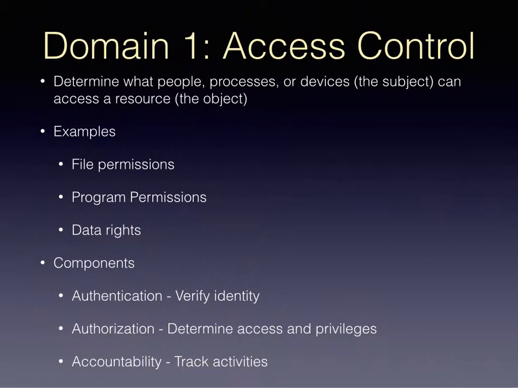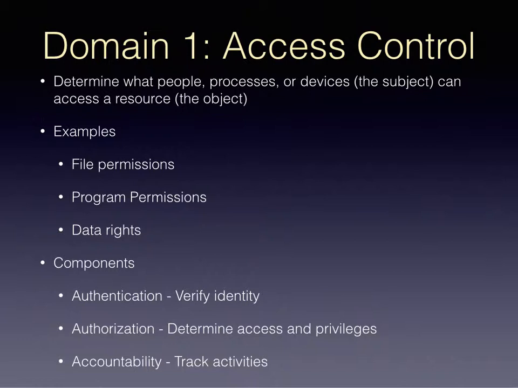To enforce access control, we use the AAA, or the 3 A's: authentication, authorization, and accountability. Authentication identifies a person or process or device as actually being who or what it claims to be. This is usually done with user IDs and passwords, but can also be done with other things like tokens, biometrics, and certificates.